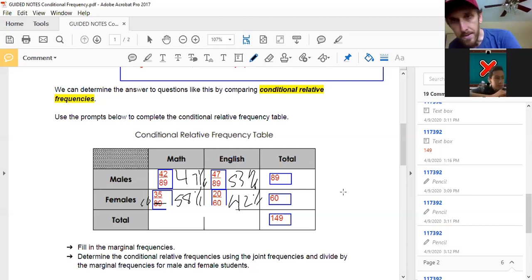This is interesting stuff. I don't know how much you guys are into politics, but when you get into politics and debates, this is how people get into big arguments, right? Because depending on how you look at the data, one politician might say more boys like math because 42 is a bigger number than 35.